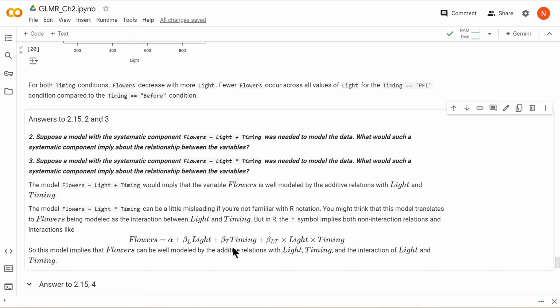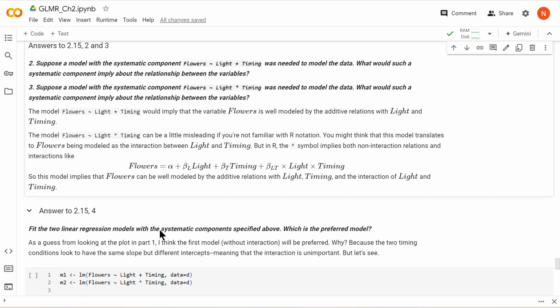In other words, that part of explaining the outcome of flowers requires that we assume that light has a different relationship with flowers for the two different timings. I'm sorry if that is a little bit hard to follow, but that's kind of the treachery of interactions. I shouldn't say treachery as though it's a bad thing, but they can be a little bit difficult to explain, interpret sometimes. But as we go on, hopefully this becomes a little bit more evident.